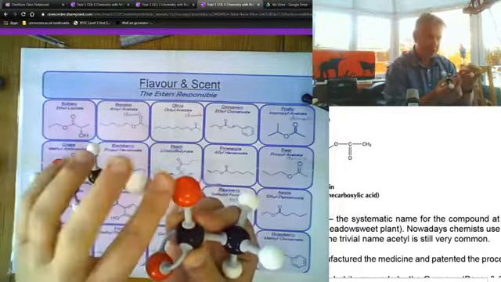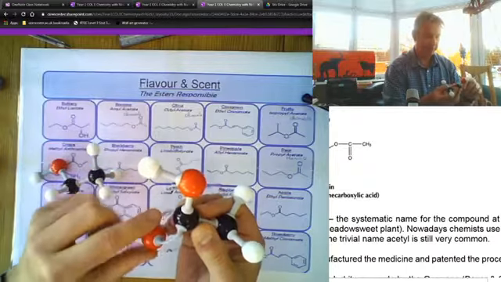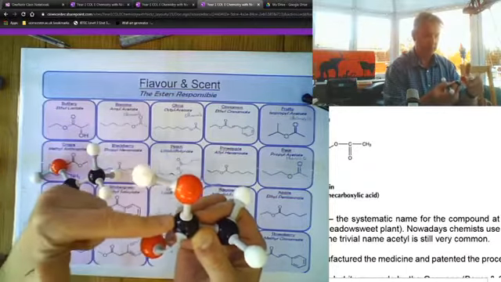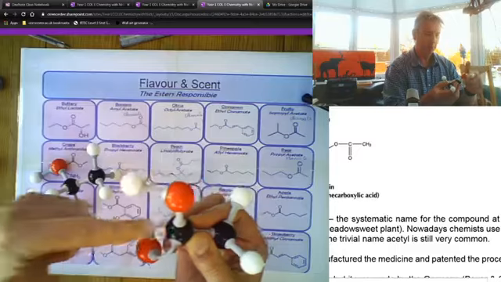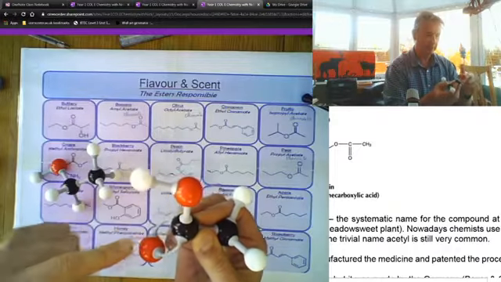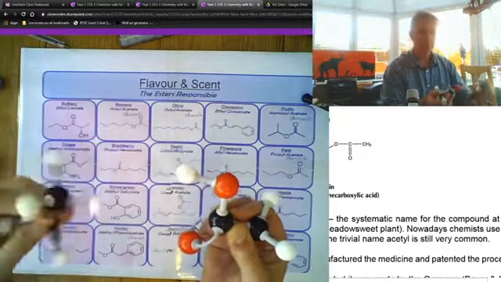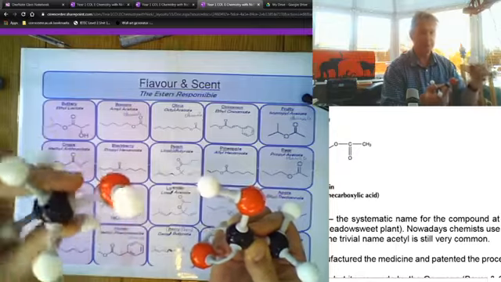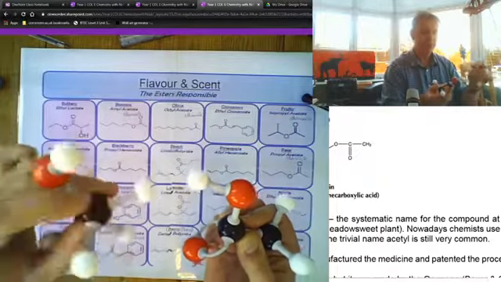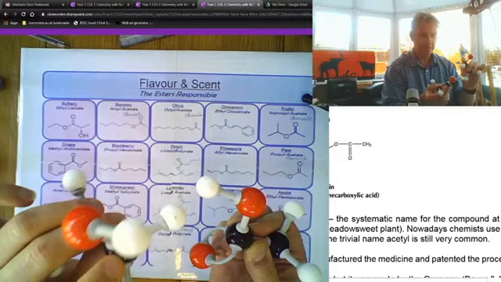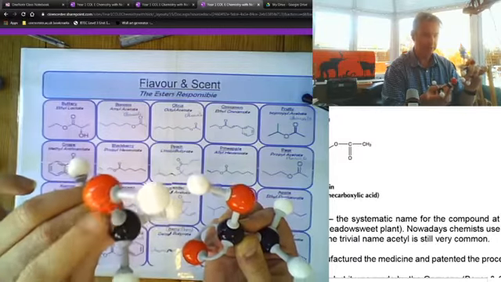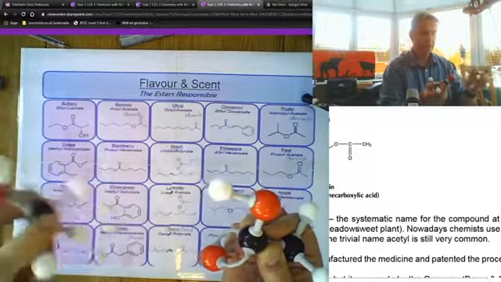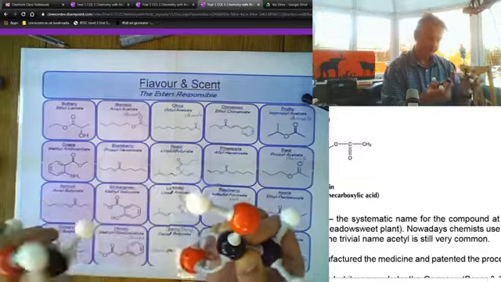That doesn't really affect it too much, but just bear in mind that there is something slightly more complex going on. But this carbon here is more positive than that oxygen and that oxygen. And it's also going to be more positive, or slightly less negative, than this one here that's on the alcohol, because this one's only got this oxygen pulling the electrons away.